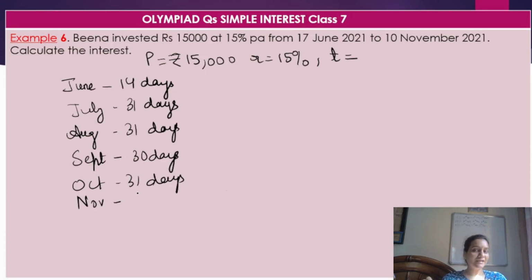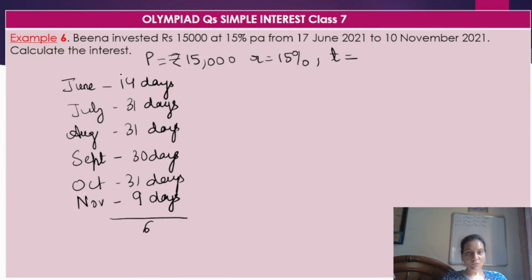So I won't count that 10th November in the calculation. Up to 9th November, how much interest she got at 15% per annum on her principal 15,000, we will calculate that. So if I look at 10th November, I will see how much is done up to 9th November, right? So if I calculate 9 + 1 + 0 + 1 + 1 + 4, this will give the units place number. So 9 + 1 is 10, 10, 11, 12, and this makes 12 + 4, 16.